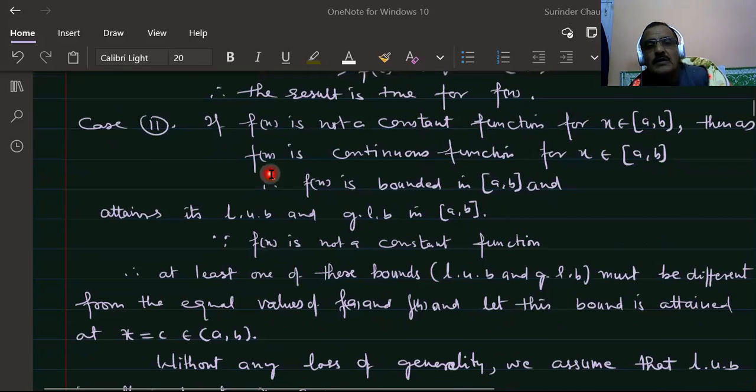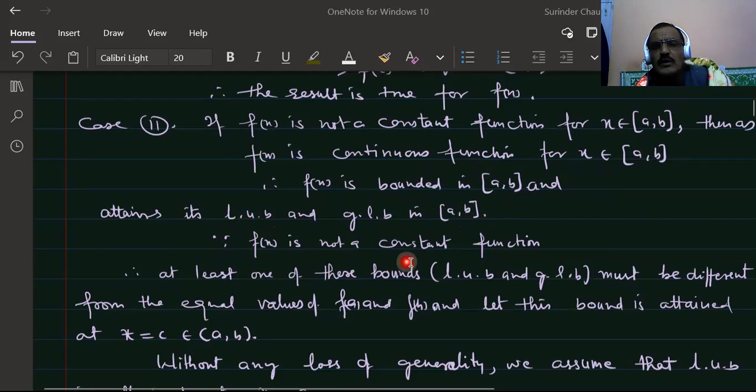If f(x) is bounded in the closed interval, we can obtain its infimum and supremum, the greatest lower bound and least upper bound. It means that if f(x) is bounded, it will have its smallest value and largest value. So we can find these bounds.